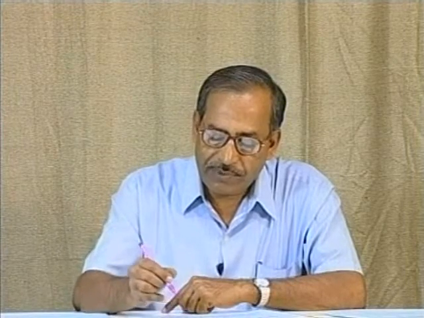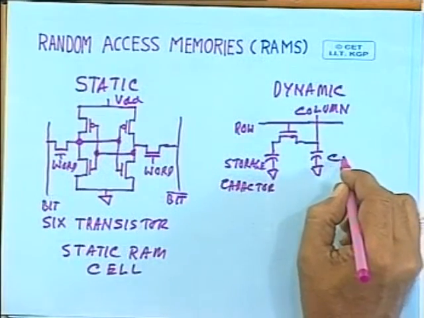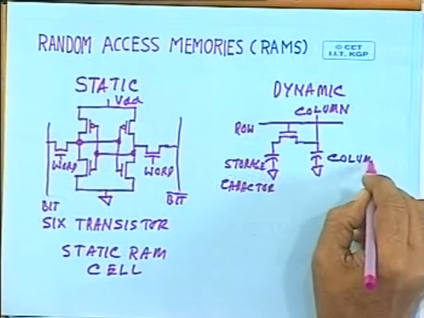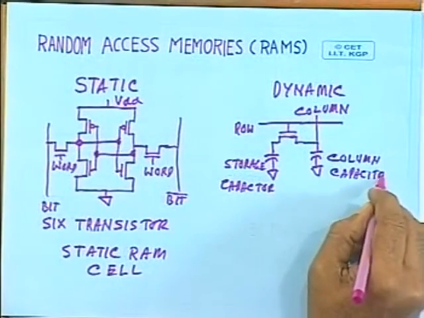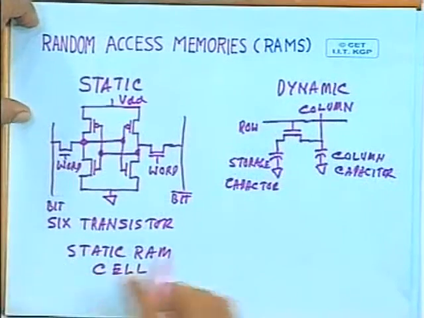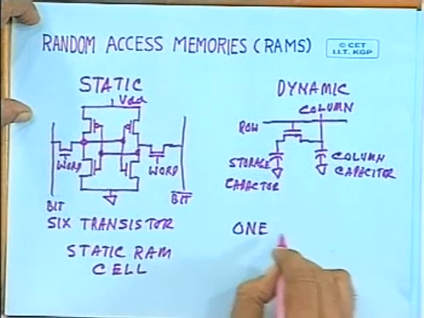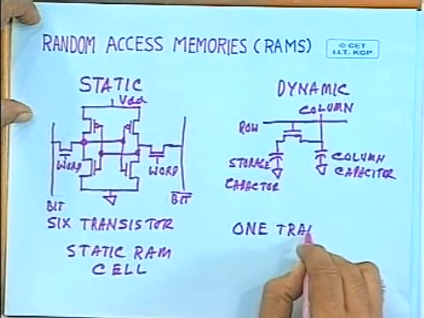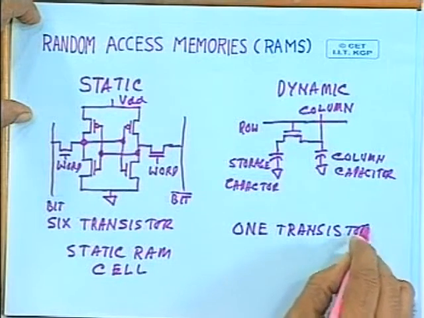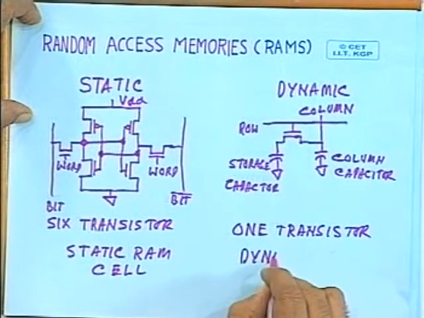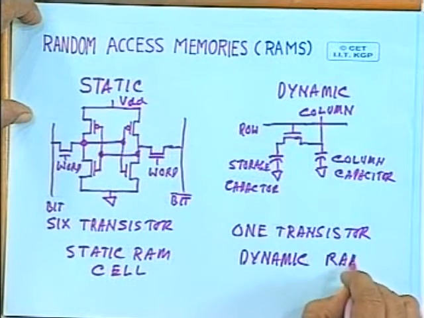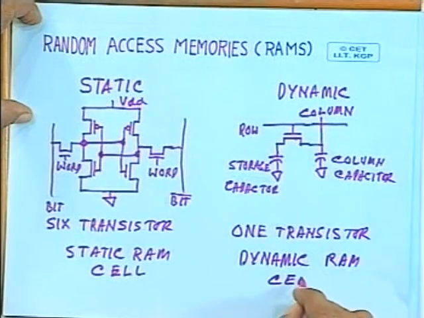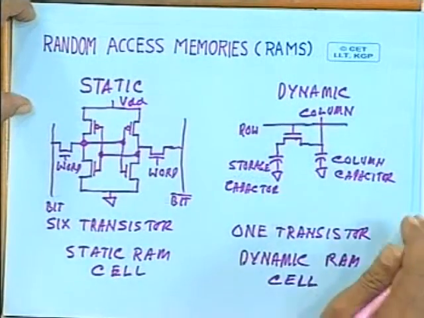On the other hand, dynamic RAM will require much less area. And that's why this one transistor dynamic RAM cell is widely used for implementing dynamic RAMs.